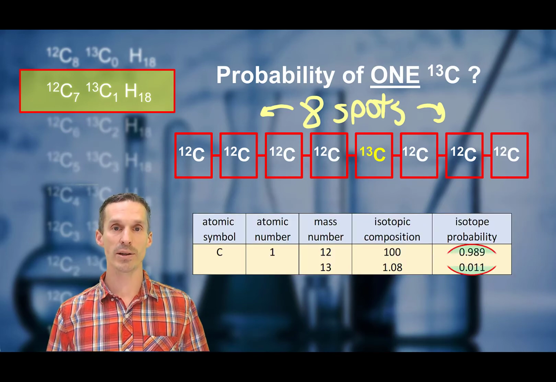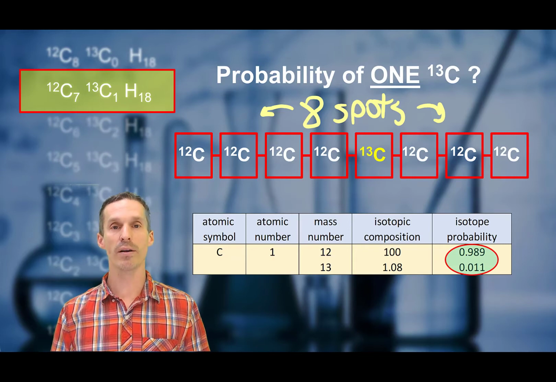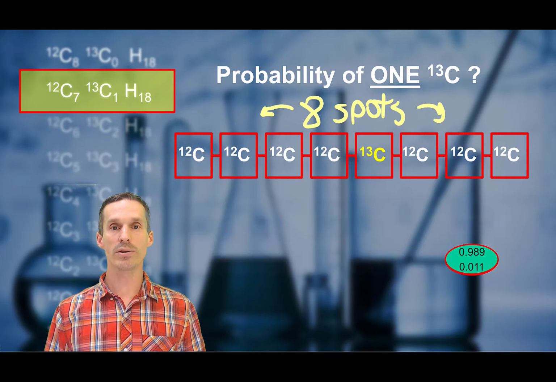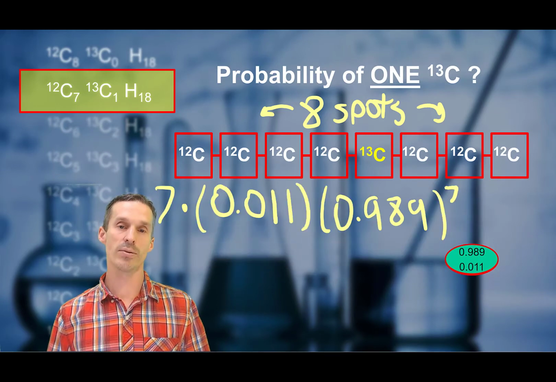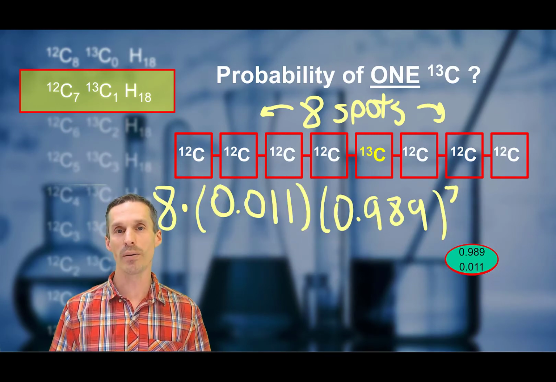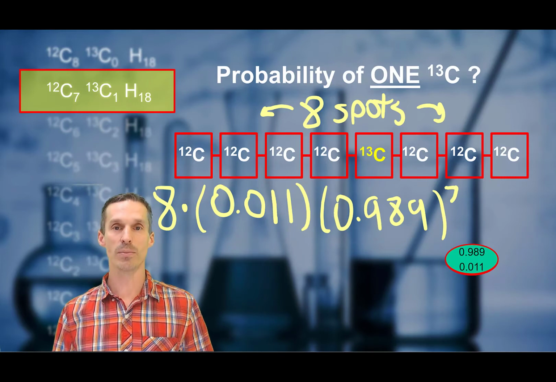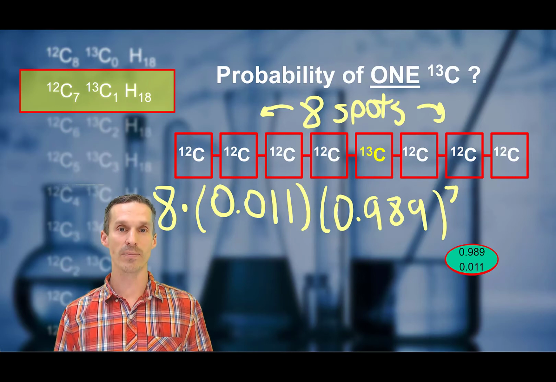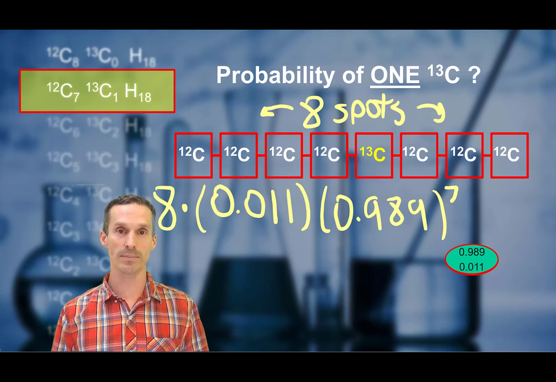From the table, we actually have to pull both numbers, the probability of carbon-12 and the probability of carbon-13. We're only using one single carbon-13, so that number is raised to the power of 1, and we have 7 carbon-12s. The probability of carbon-12 is 0.989. We raise that to the power of 7. The 8 that you have in the front there is because we have 8 different places that you could put the carbon-13.